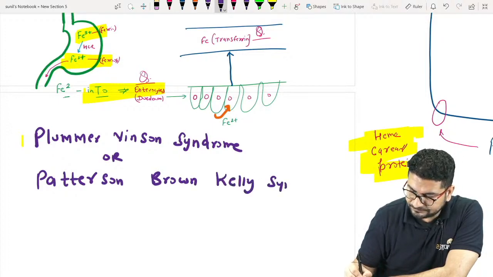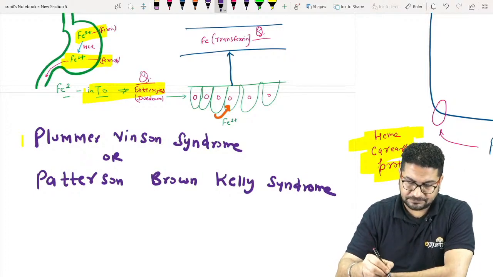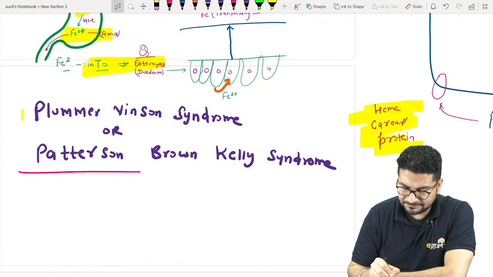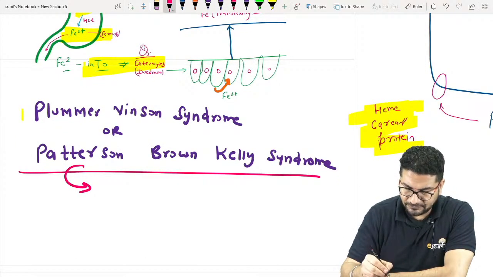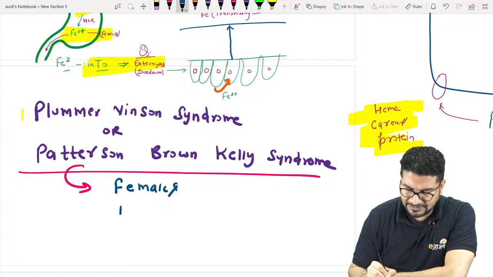This syndrome is mainly seen in females, and these females usually have iron deficiency anemia, IDA.